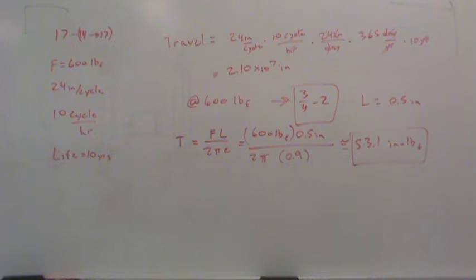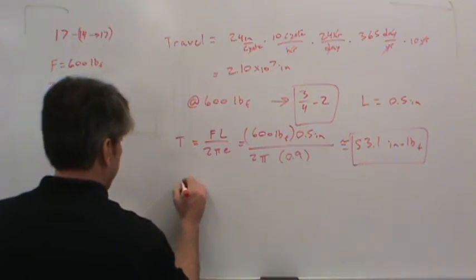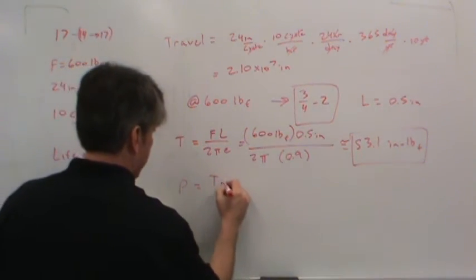Question 16. For the screw selected in problem 14, the normal travel speed of the table is 10 inches per minute. Compute the power required to drive the screw. Now, I've added this in because your author adds it in the context of an example problem, but that's the only place he put it.